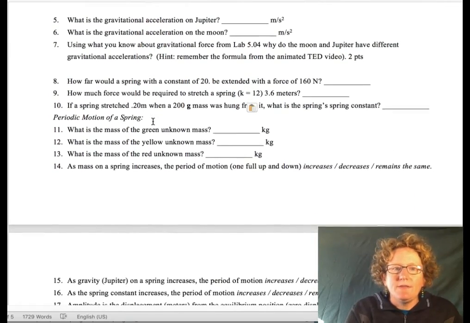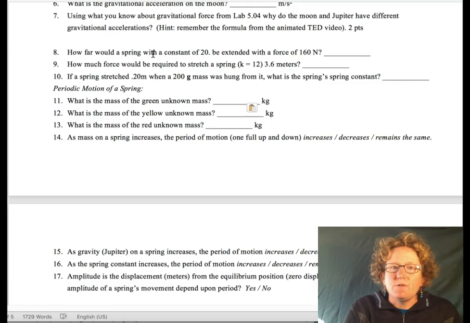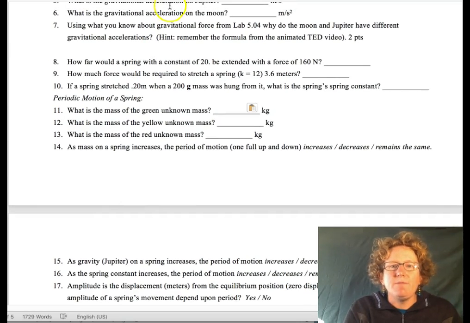You can find the gravitational acceleration on Jupiter or on the moon using some of what we figured out. Using what you know about gravitational force from Lab 5.04, why do the moon and Jupiter have different gravitational accelerations? Think about that.